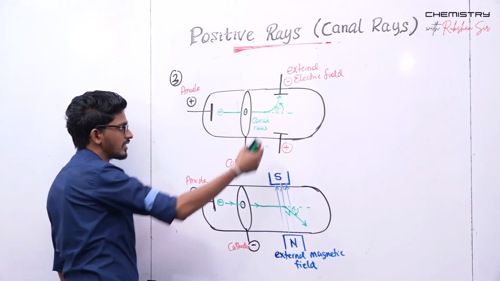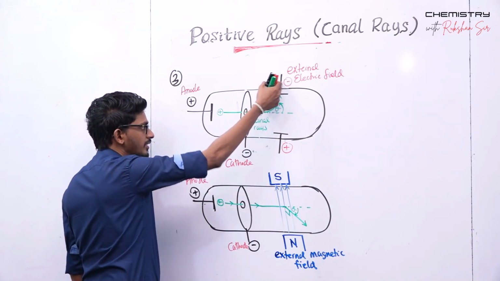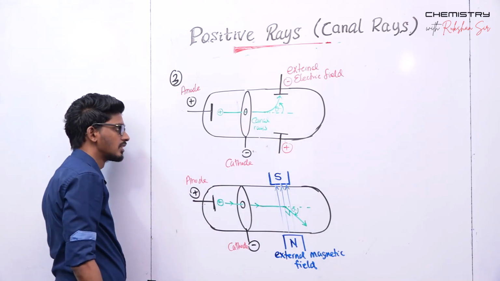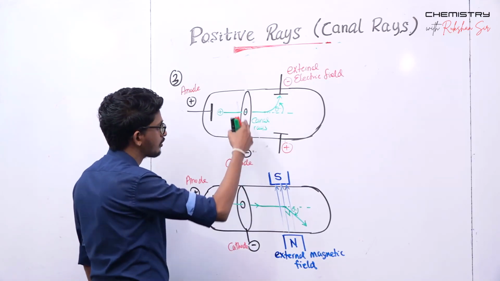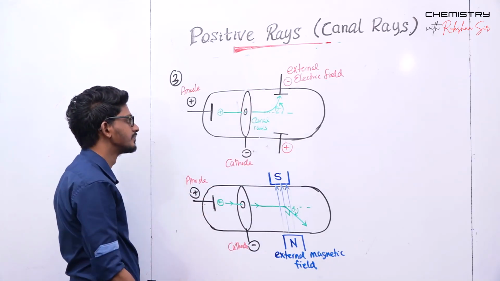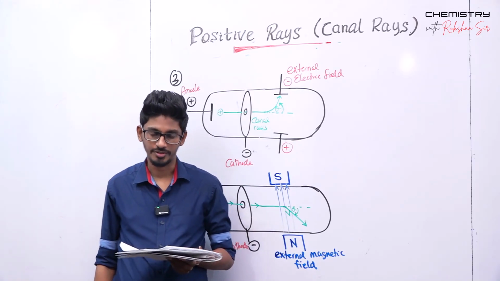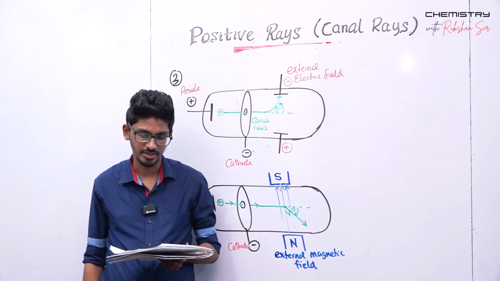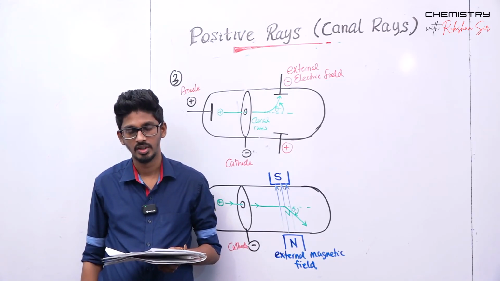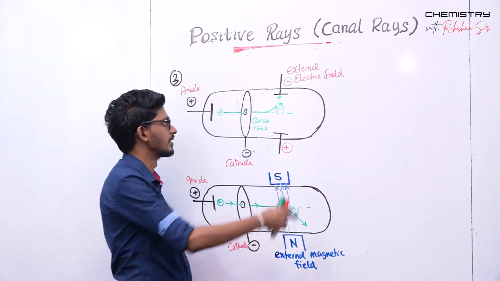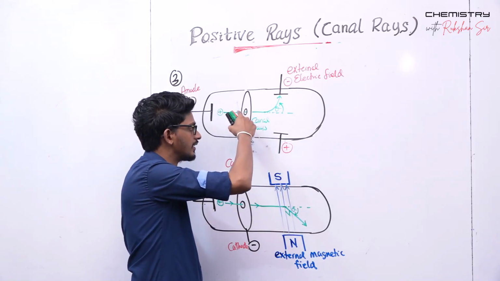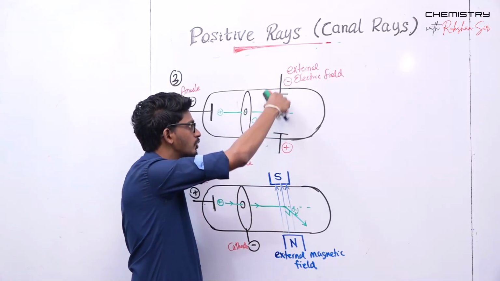You see the deviation angle. They are deflected towards the negative plate, the opposite charge plate. The Cannon rays are deflected towards the negative plate of the external electric field.